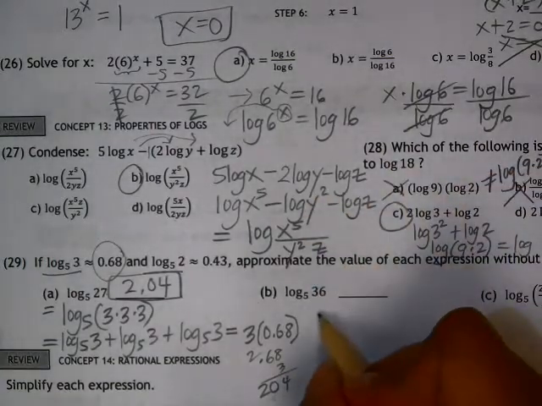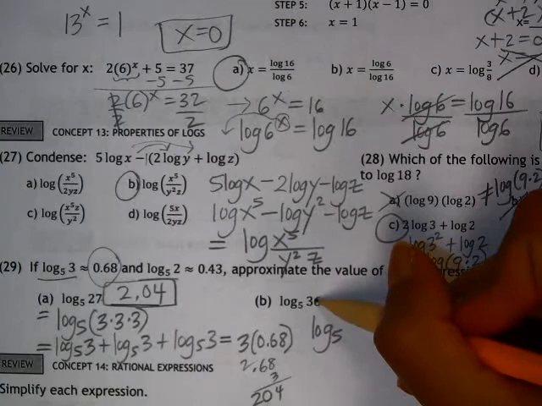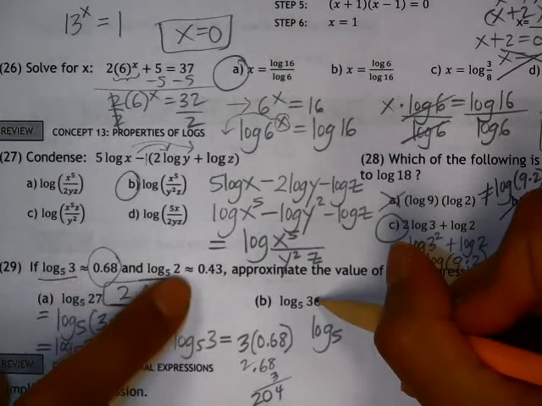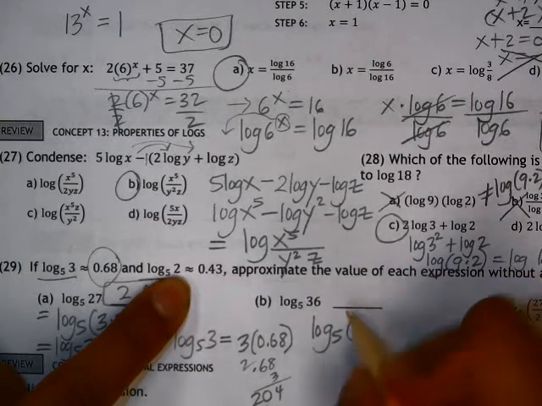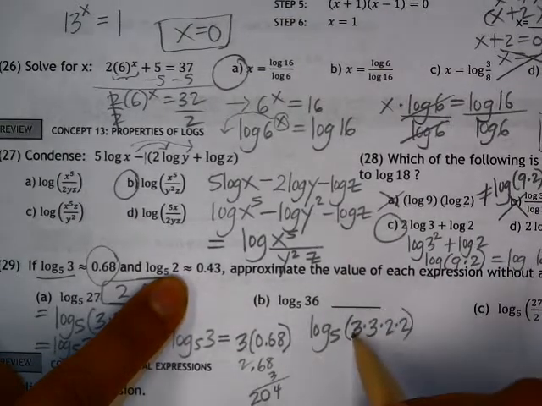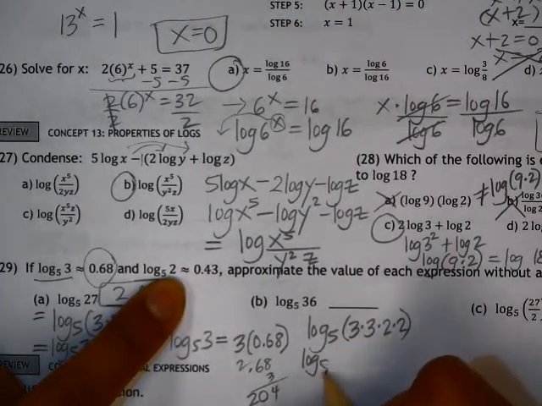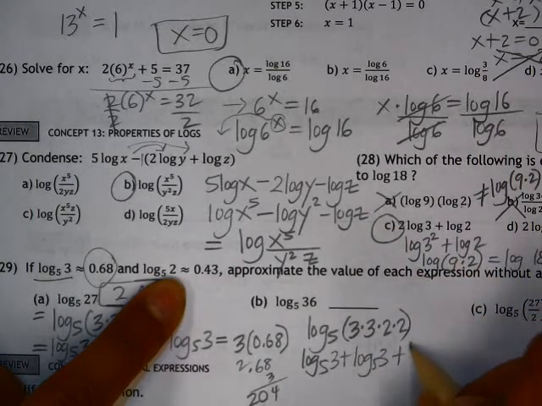Looking at the second one, so log base 5 of 36. So let's see if we can create 36 using a combination of 3's and 2's. So we know 36 is equal to 9 times 4, or breaking it down further, 3 times 3 times 2 times 2. Product property again, we can add log 3 plus log 3 plus log 2 plus log 2.